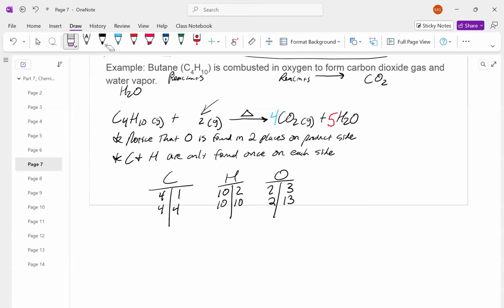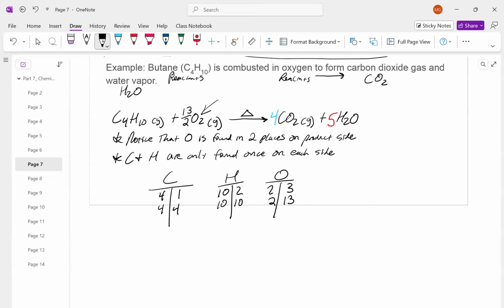Or I need 11 more, but if I put 11 there, that's going to give me 22 oxygens. How do I balance the oxygens here? All right, well, here's another pro tip. You can temporarily use fractions. I'll tell you how we're going to get rid of it in a minute.